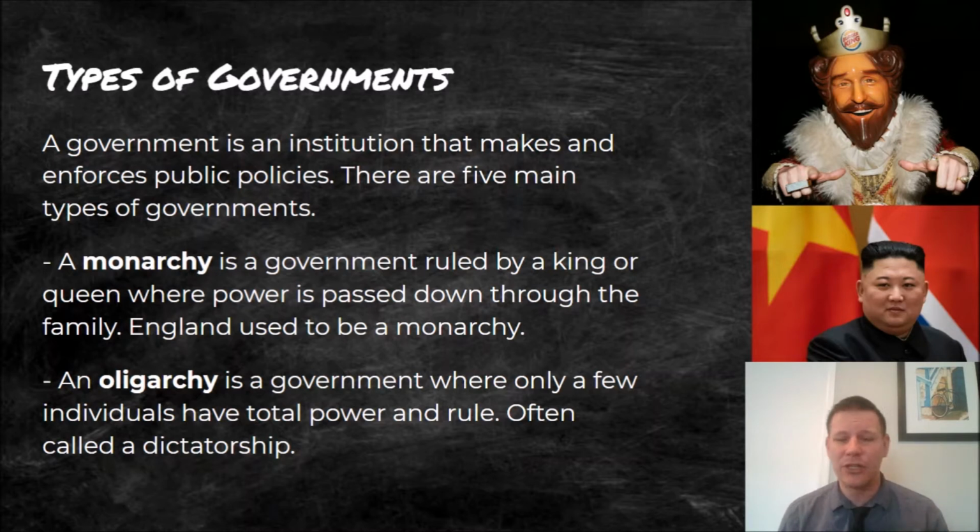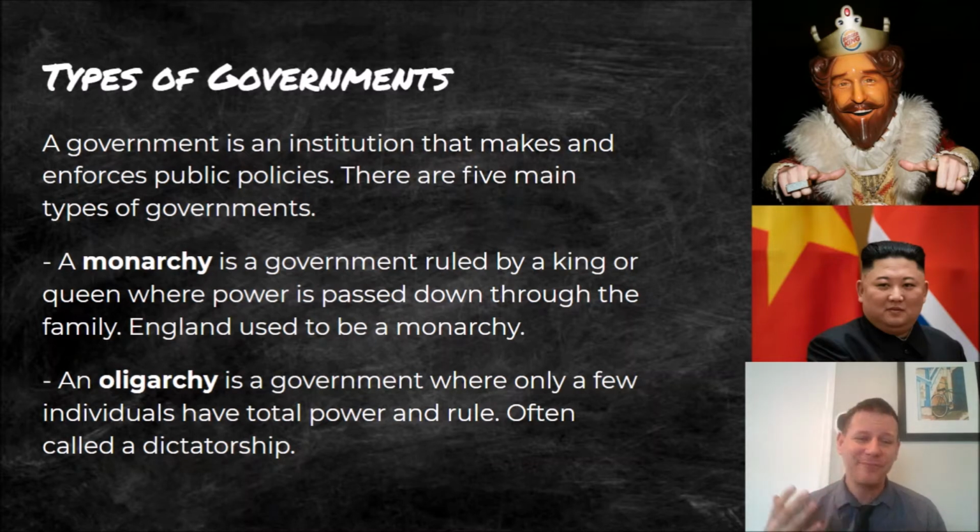So that's a monarchy. Again, pretty simple. It's a person or family who rules, and they make and have all the powers of government, but it's just condensed down into whoever has that crown on their head or who sits on the throne. Yes, Burger King, right, is an example, I guess, of a monarchy. He's the king of burgers.